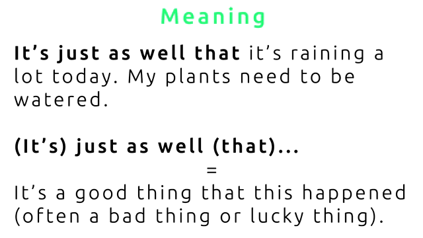Let me explain the meaning a bit more for you. When we use this phrase, we mean that something bad is actually a good thing. Something that is usually negative is, in this situation, actually good. In the example I read, I said, it's just as well that it's raining a lot today.